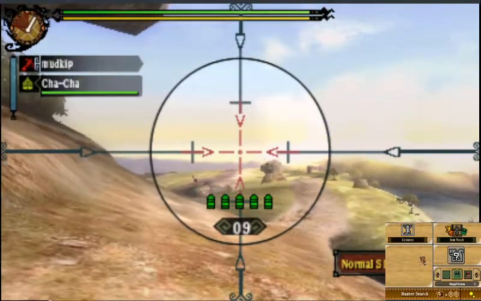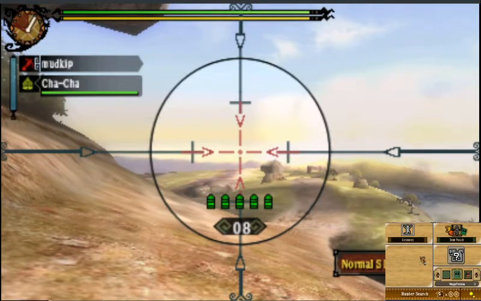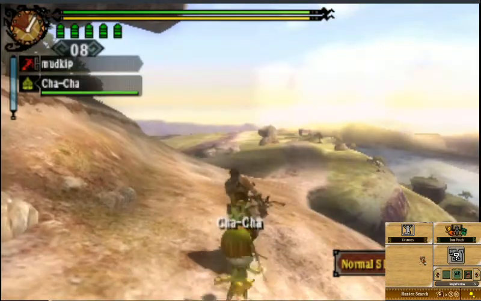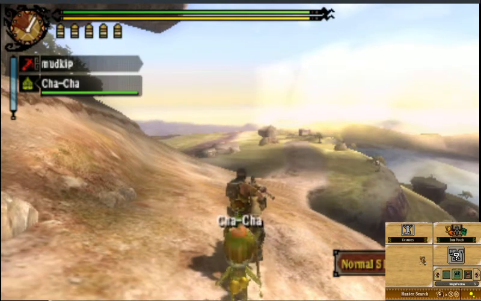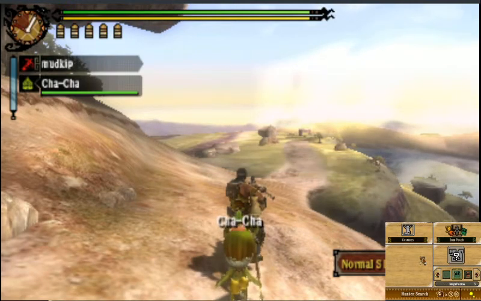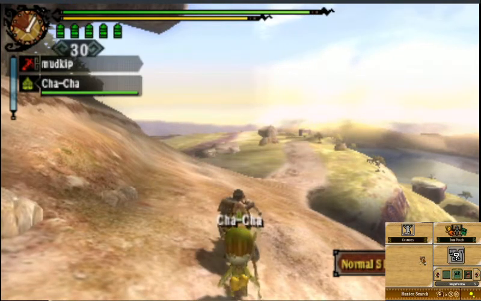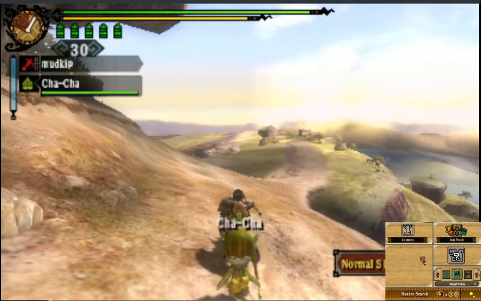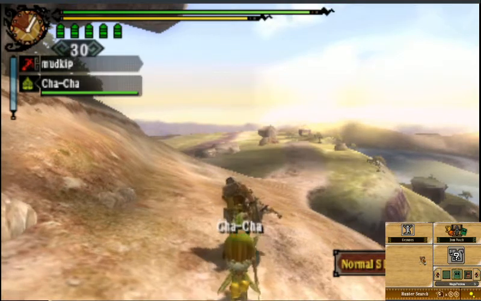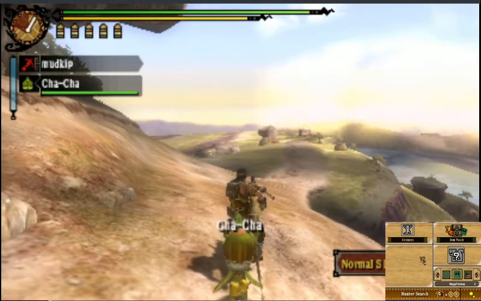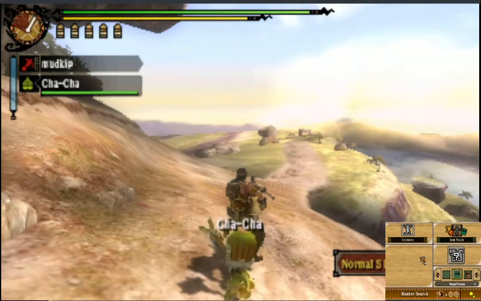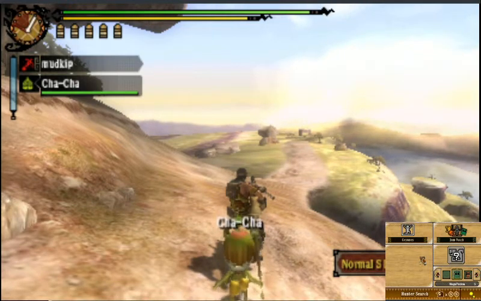Right. Now if you were to stop midway and press B to come out of the crouching fire stance, the next time you enter, I believe you will be back at 30. But do note that this isn't some sort of bug. There isn't some sort of hack that allows you to conserve ammunition.